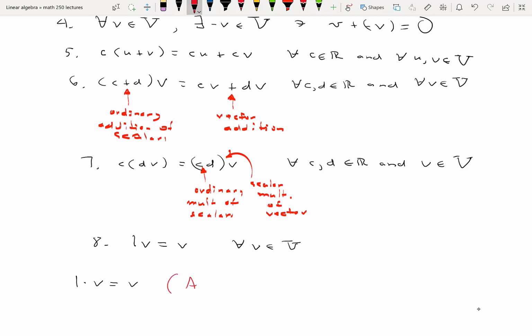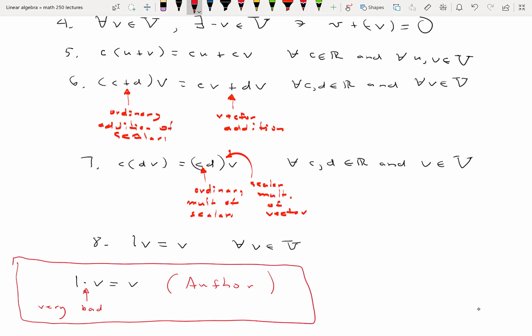This is your author's number 8, and this is very bad. There's no definition of dot in this. It's not just bad, it's very, very bad. In every other part of the definition of a vector space, there's no dot. Suddenly he introduces a dot. No. We have to be obsessive with the notation. So that's a mistake in our textbook.